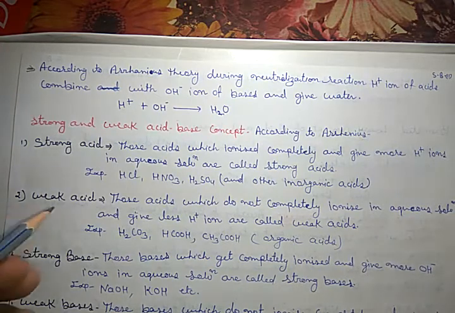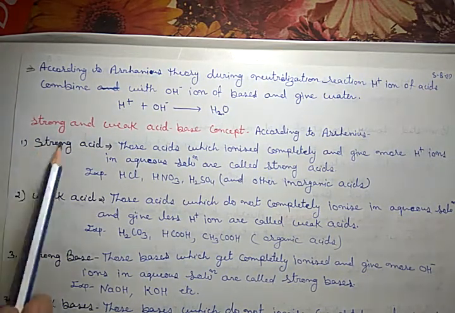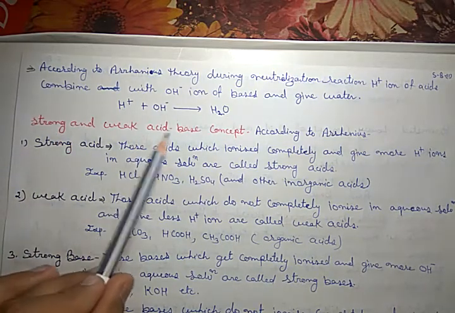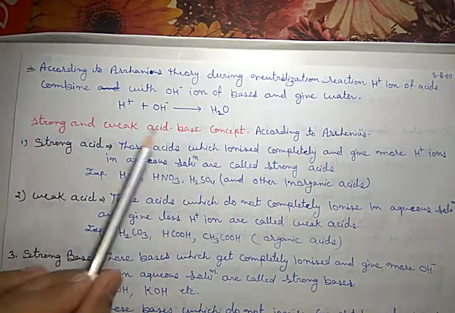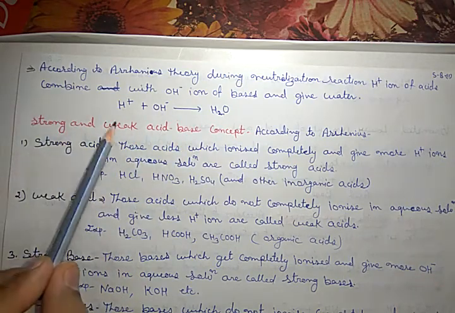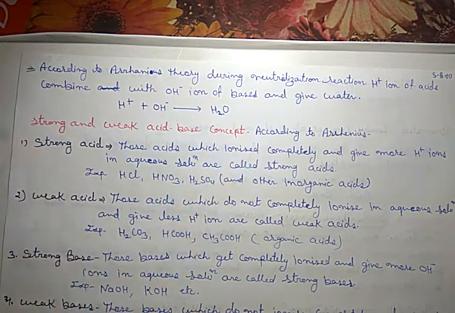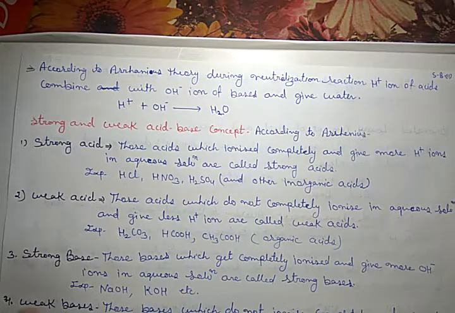Now let me move to the next point of this theory, that is strong and weak acids and bases. Simply, we can say the strong and weak acid-base concept. According to Arrhenius, let me discuss generally first, then we will move on to our topic.